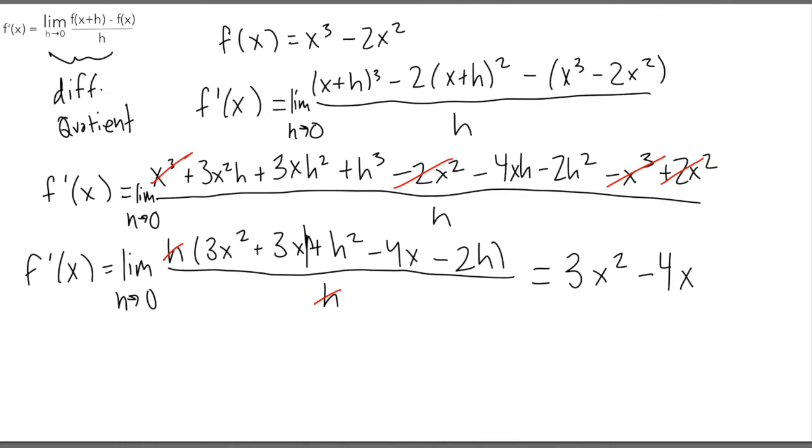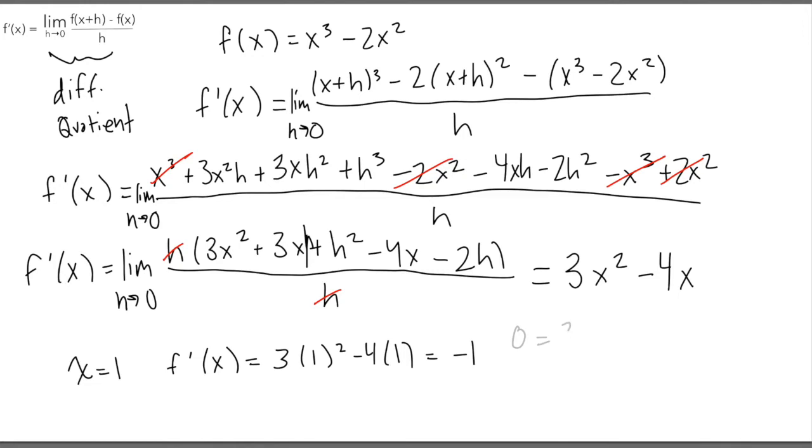So if we plug in a point, let's say at x equals 1, f prime of x equals 3 times 1 squared minus 4 times 1, and this is negative 1. We know that this is the slope of the tangent line. The slope of the tangent line when x equals 1 is negative 1. You'll also notice that, let's say we wanted to know where the horizontal tangent lines are.